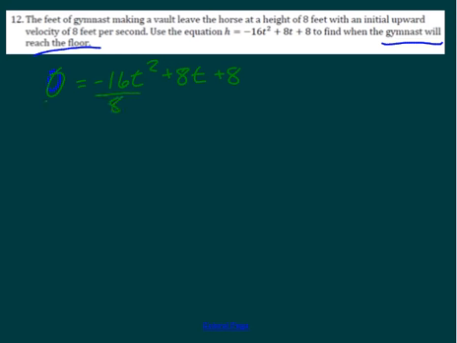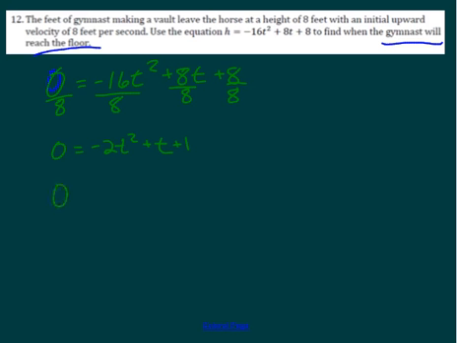I'm going to divide all this by 8. Oh yeah, and you're going to get 0 equals negative 2t squared plus t plus 1.